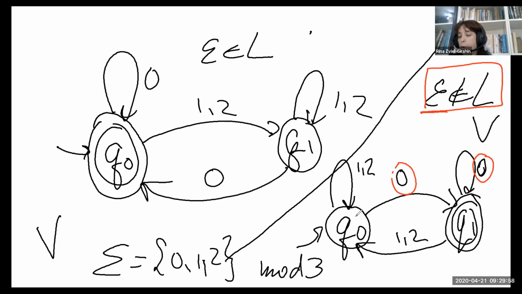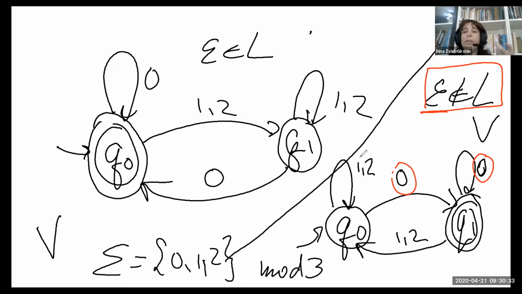So now from Q0, with 0, I move to Q1, an accepting state. And as long as I get zeros, I'm staying here. If I get 1 or 2, I move to Q0, because if the word ends with 1 or 2, it should be rejected. While I continue to get 1 and 2 in the input, I stay in Q0, the rejecting state. When I get an additional 0, I move to Q1, the accepting state.